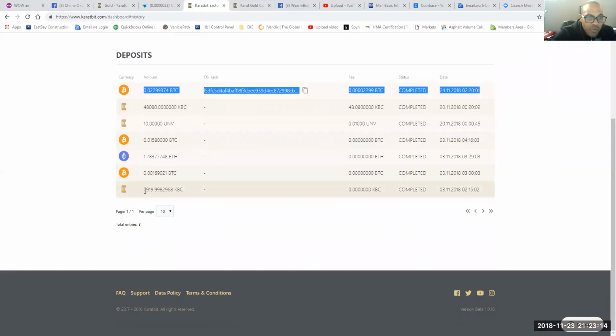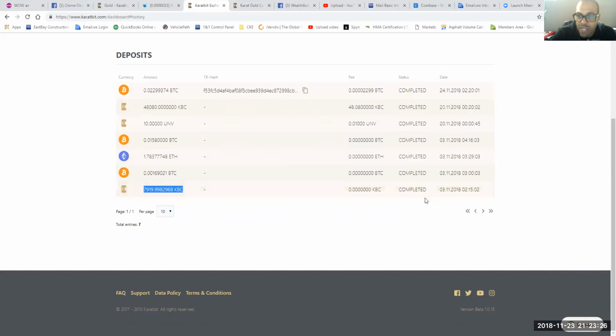But let's go to the first thing I did when I actually signed in and registered on the Karatbit Exchange platform. I transferred my KBC from another exchange, and you see it's right there, 7,900 on that date. And then I transferred some Bitcoin, and then some Ethereum, and then some more Bitcoin, and then I took my univals.